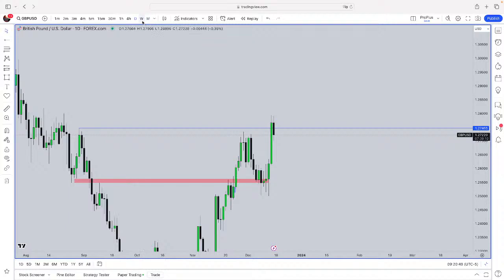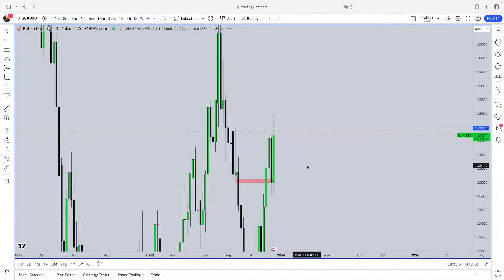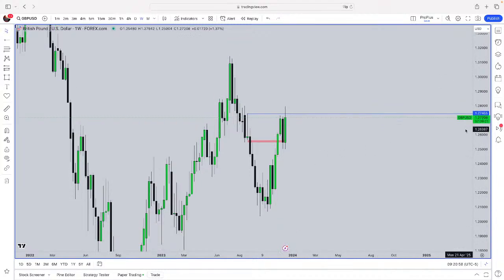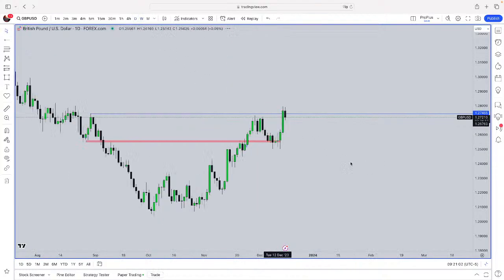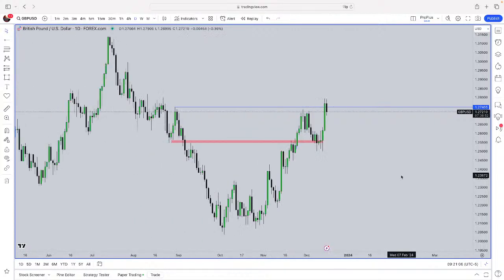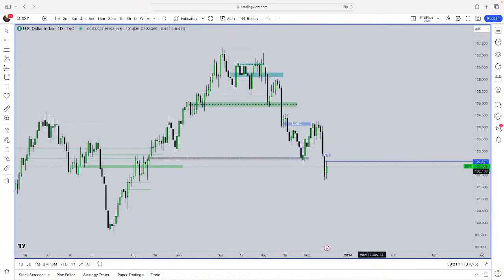Then also keep in mind wicks, weekly wicks and daily wicks. You want to get the midpoints of them because price loves to react from that on a lower time frame as well. It reacts really nicely.